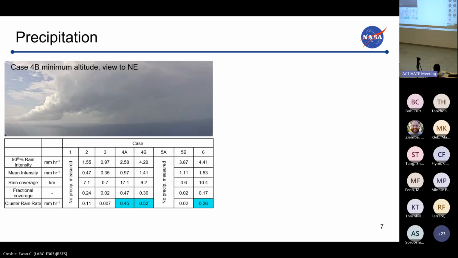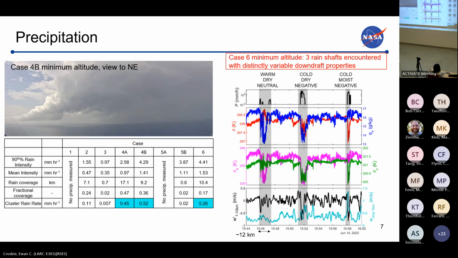Essentially, the take-home message is the comparison between case 4 and case 6, which were 2 of the Bermuda cases. They were the ones where I believe precipitation was significant with respect to the dynamics of the cluster, whereas in other cases it was really a secondary effect rather than a cause.